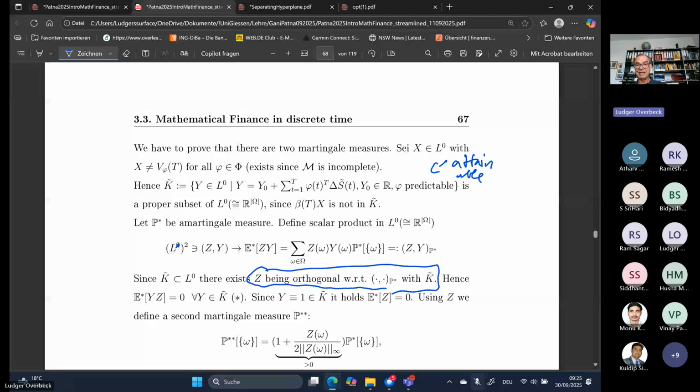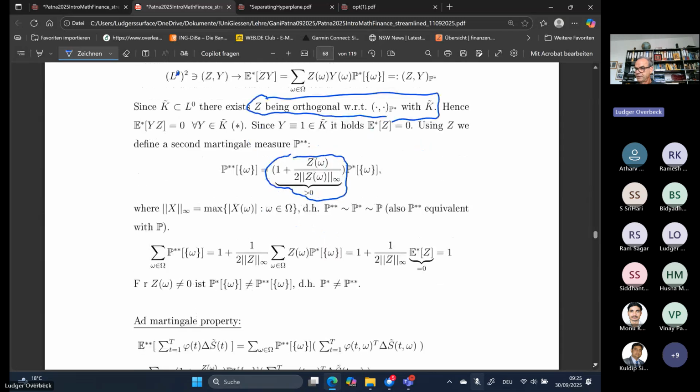This means in this Hilbert space L2, you have an orthogonal element to this space. And so this Z can be normalized to be a density. Then this gives you a density, and you can define a new probability measure P star star, which is another martingale measure.